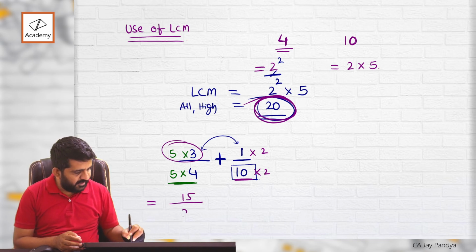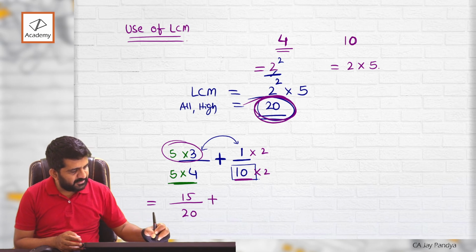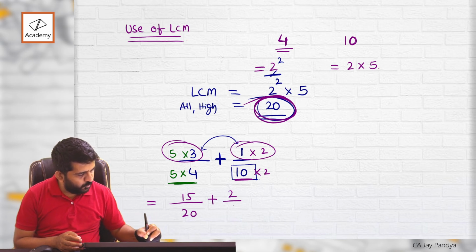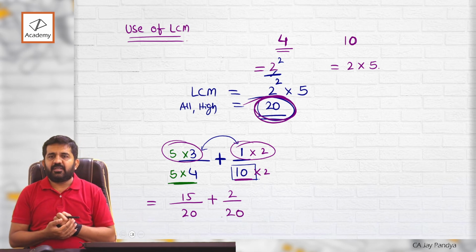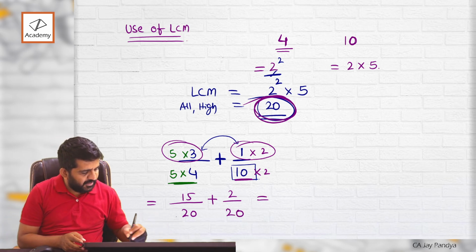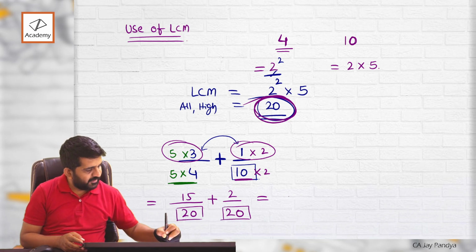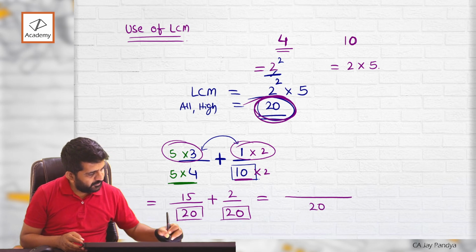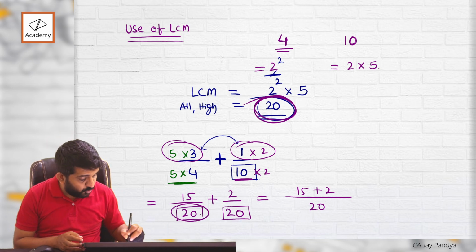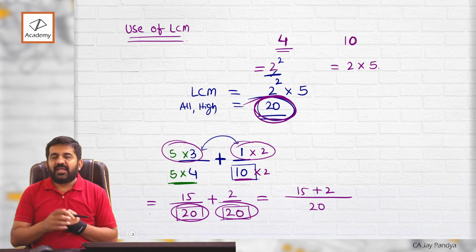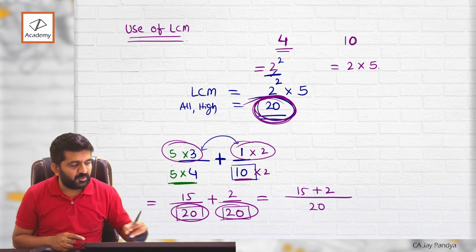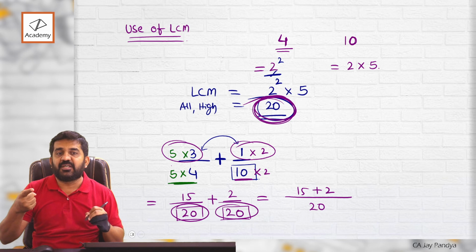What will be this answer? 15 divided by 20 plus 2 divided by 20. Now simple mathematics, if this is the common denominator, I can write 15 plus 2, and they will be the same because we made that figure our LCM.